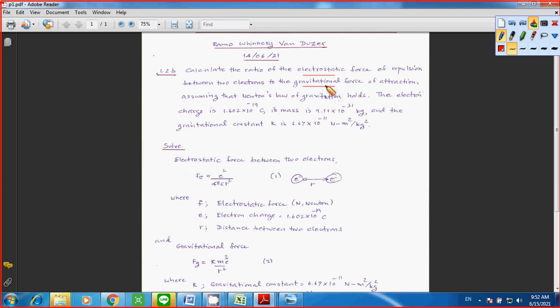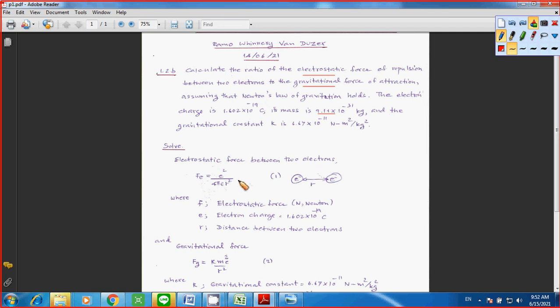In this case, the gravitational force is going to be much less than the electrostatic force because the mass of the electron is very small, 9.11 times 10 to the negative 31 kilogram. So what you need to do is just find the ratio of the electrostatic force and the gravitational force. Let's get started with the electrostatic force between 2 electrons.